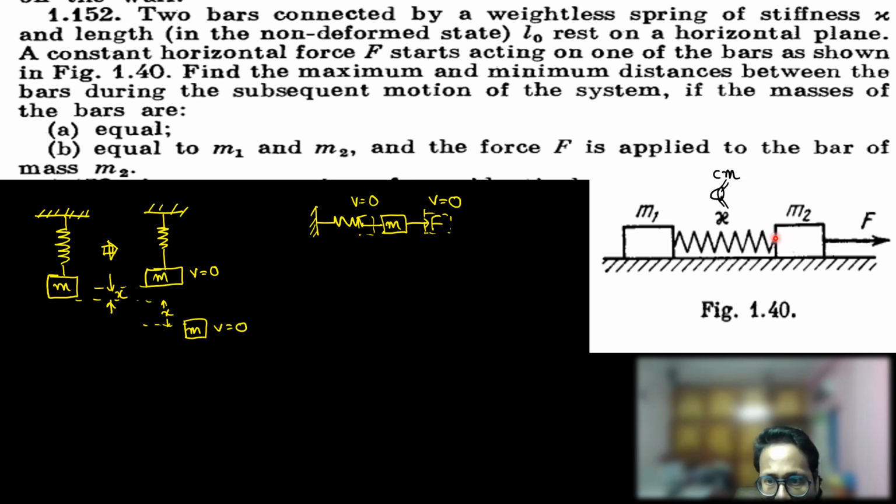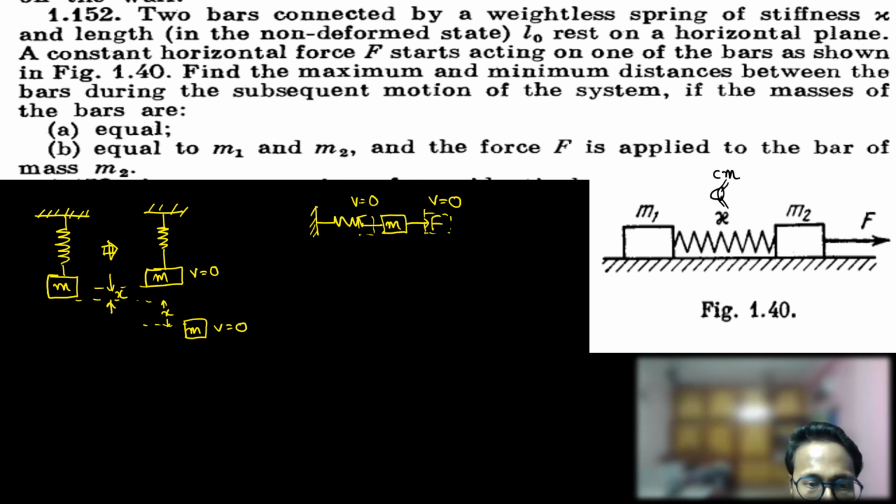At minimum elongation of the spring, or at maximum compression of the spring, the velocity of m2 observed from center of mass is equal to 0. So the necessary condition out here is velocity of m2 would be 0 as observed from center of mass.